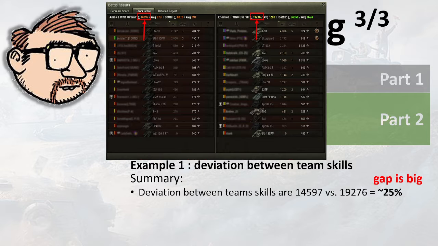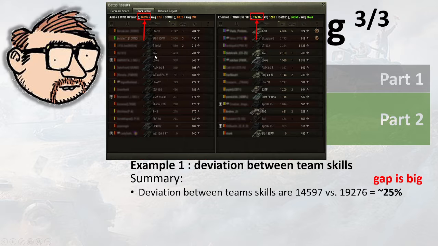I have seen many battles where the value is closer to 40 or even 50%. So we can right away say the reason why the other team lost. 25% is a huge gap.